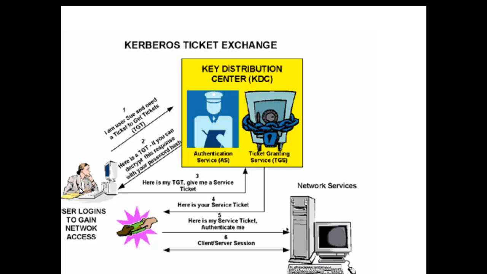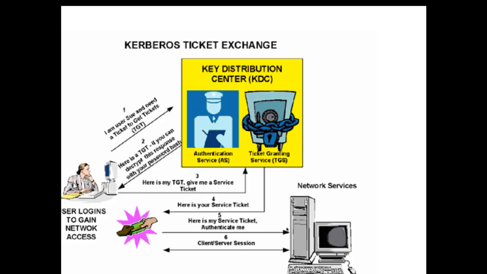The client wants to gain access probably to a file or a folder on the server, the network services server. First, the client has to contact the authentication service on the domain controller.